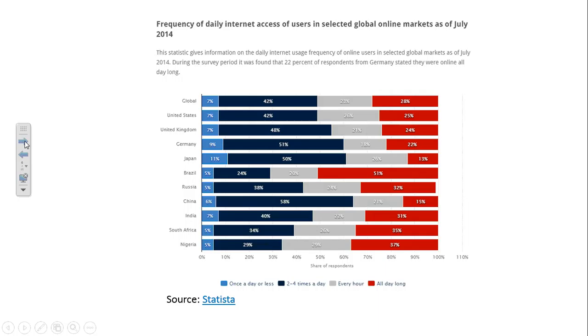That's Brazil. Okay. So Brazil has a very large population, at least in this sample of the people that they interviewed, who are on the internet constantly. And then if you look at China, only about 15% are on it all the time, and 13% of Japan.